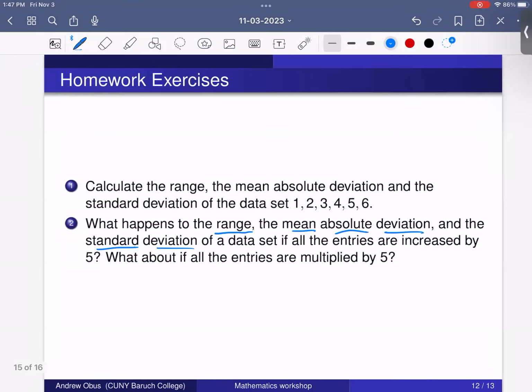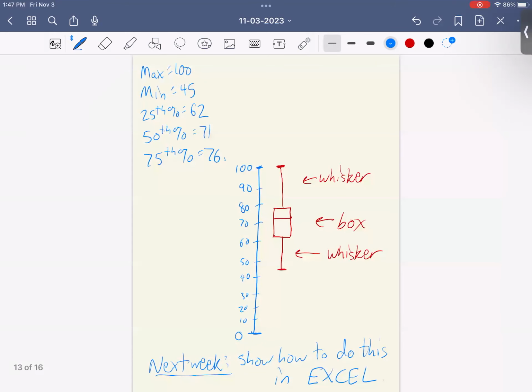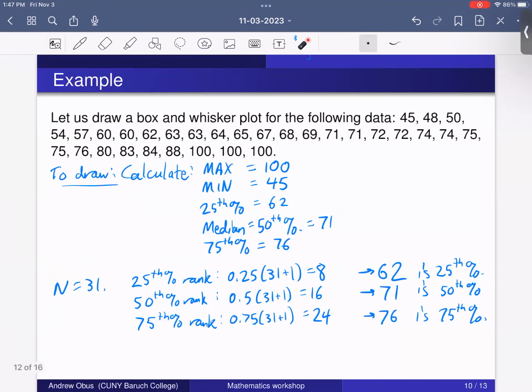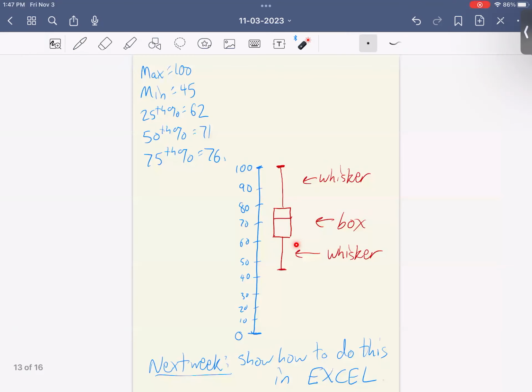The nice thing about the box and whisker plot is it gives you everything in one compact diagram. Whereas if you had a histogram for this data, you'd have to draw maybe 5 or 6 bars, and it would take up a lot of space. The box and whisker plot really gives you everything in one small diagram. That's why people like it.